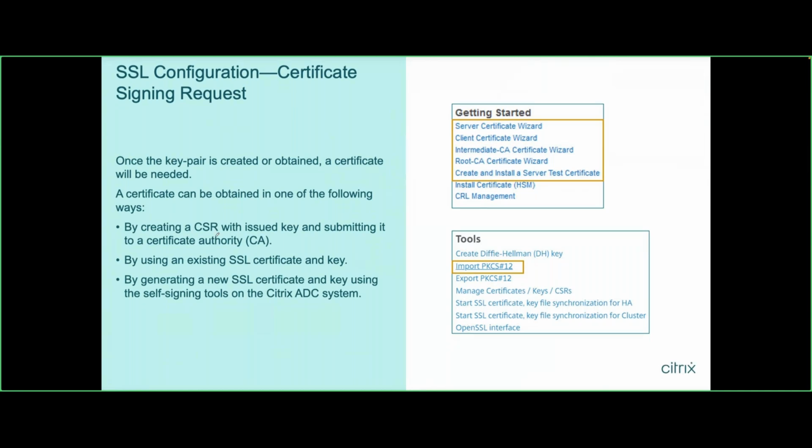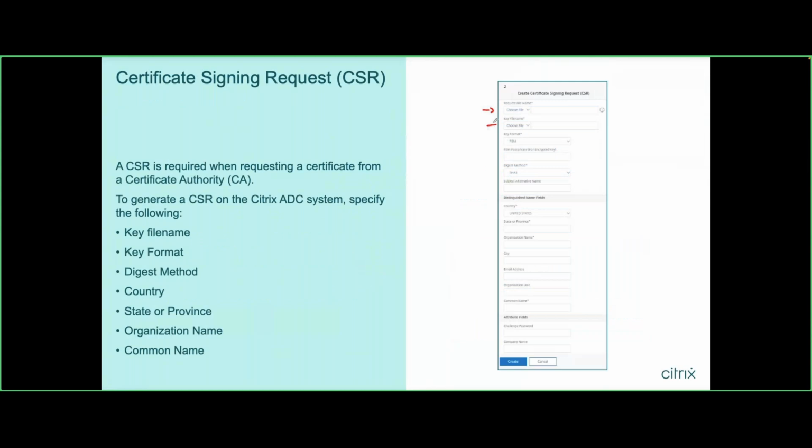You're going to select your file name, give the key file name, the key format, if there's a password, the digest method, your domain name, the country, the state, the organization name, which city you are in, the email ID, and the organizational unit. If there's a password, you click on the password and create that. So this is the information that you're going to provide to obtain a certificate.